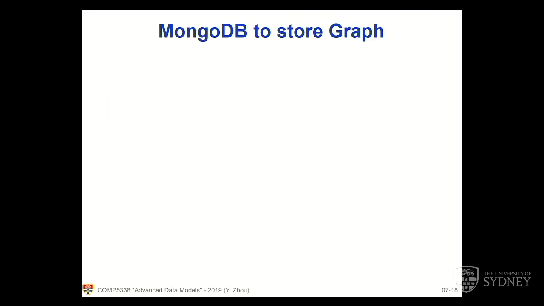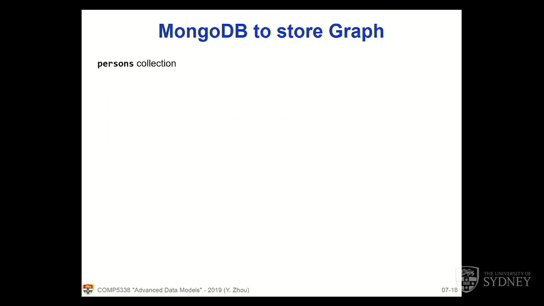Let's see if MongoDB can make things a little bit easier, because remember, for a relational database, to satisfy all these normalization rules, we have to put data in separate tables. But MongoDB is not really restricted by that, so we can save things in the same collection, and this might actually make things a little bit easier.